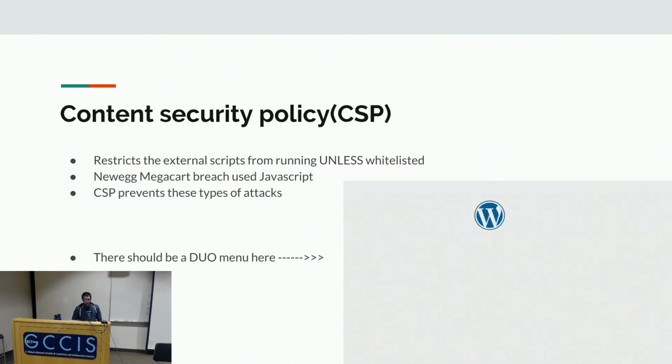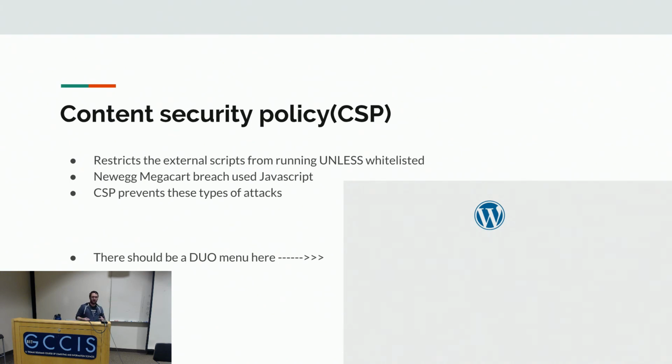All right, cool. Because of this JavaScript incident, I started doing Content Security Policy, CSP, right? It restricts external scripts from running. So I had malicious JavaScript running, and CSP will prevent that from happening. One very real world example of this is, who's heard of Magecart? Magecart with the Newegg breach, where they were stealing credit cards.